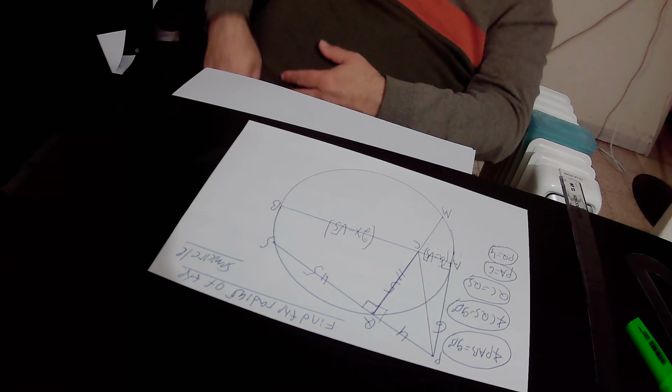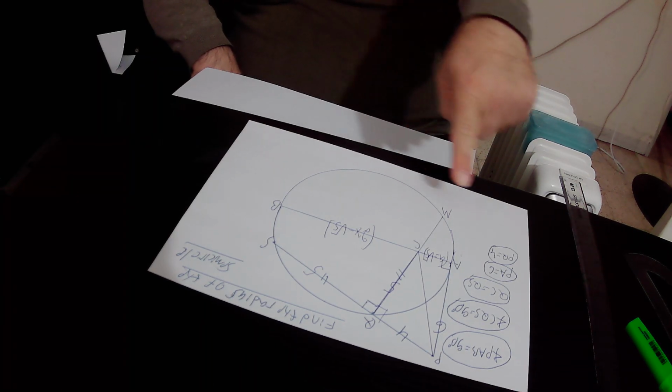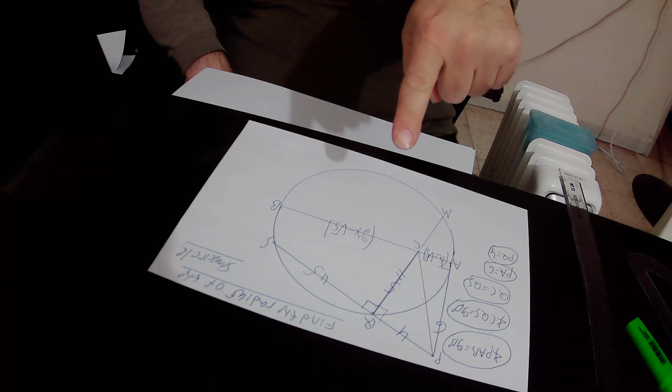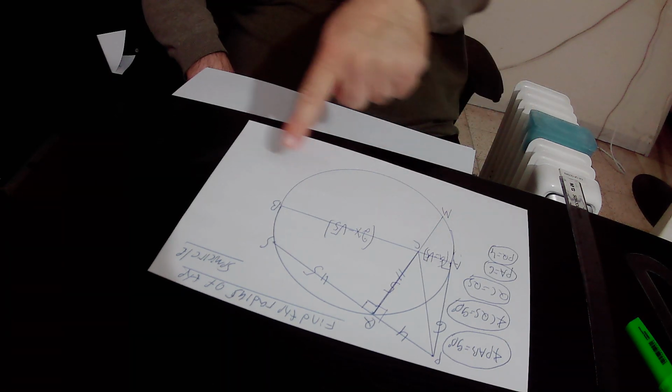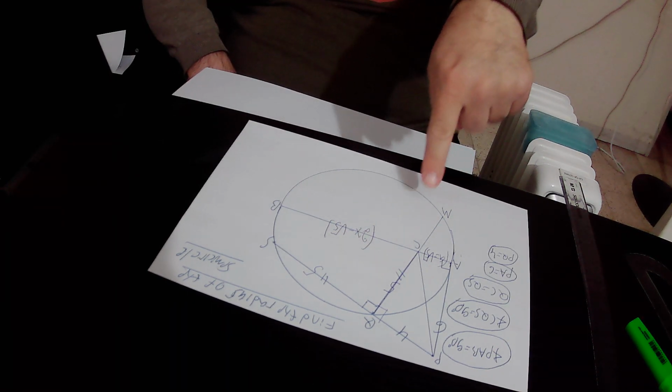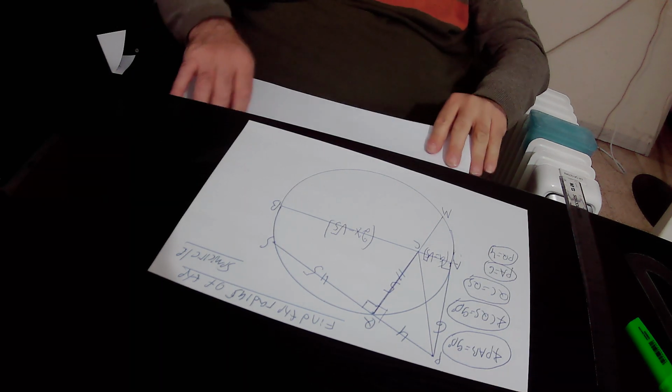Why? Because in our drawing we have chord AB that intersects with chord QM at point C. Point C is the intersection point. So I write it down.